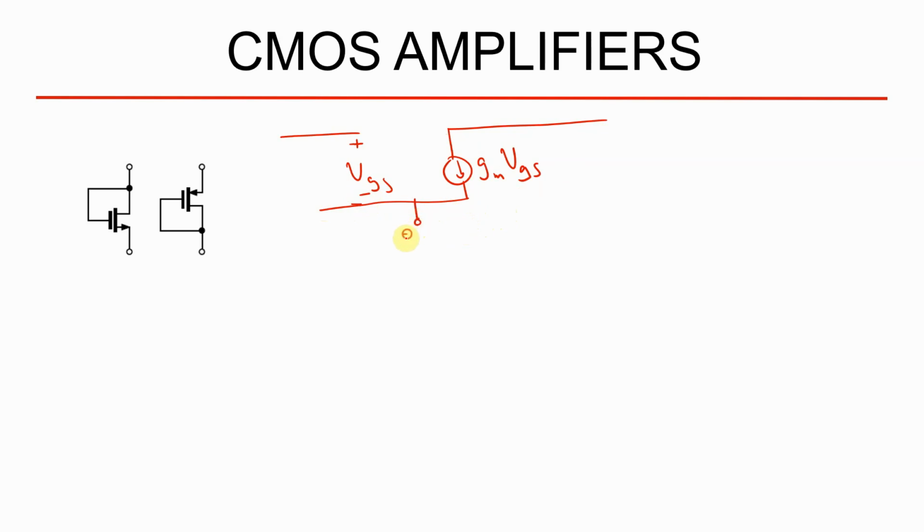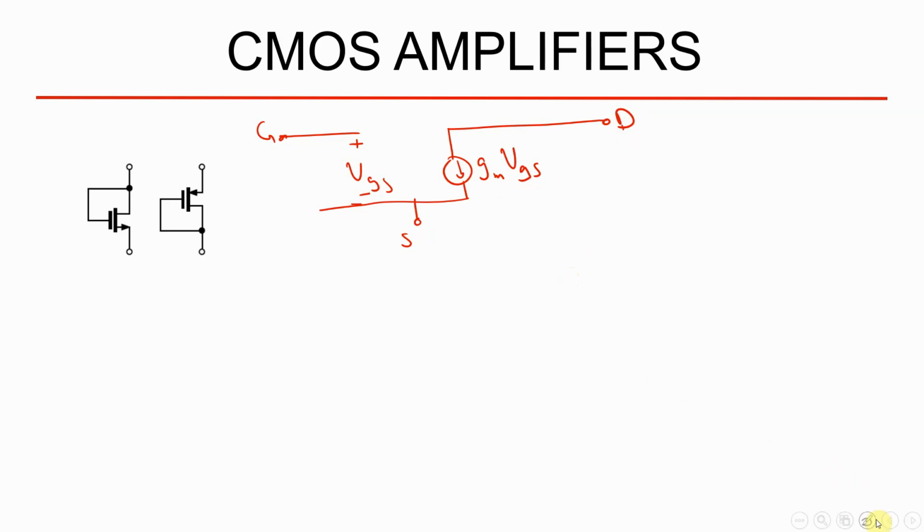This is source, this is gate, and this one is drain. As you all know, VGS is just a variable in this model, and GM is a constant, which is called the transconductance of this amplifier.